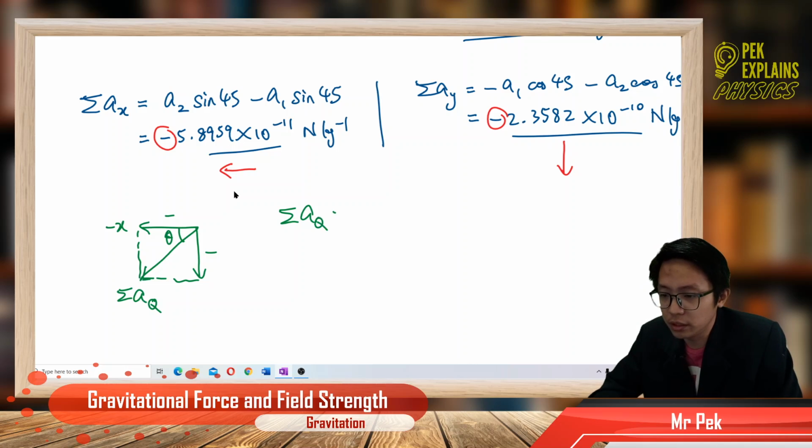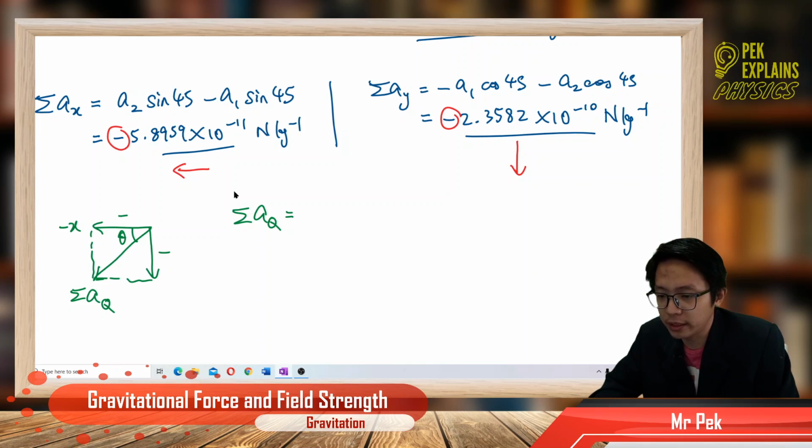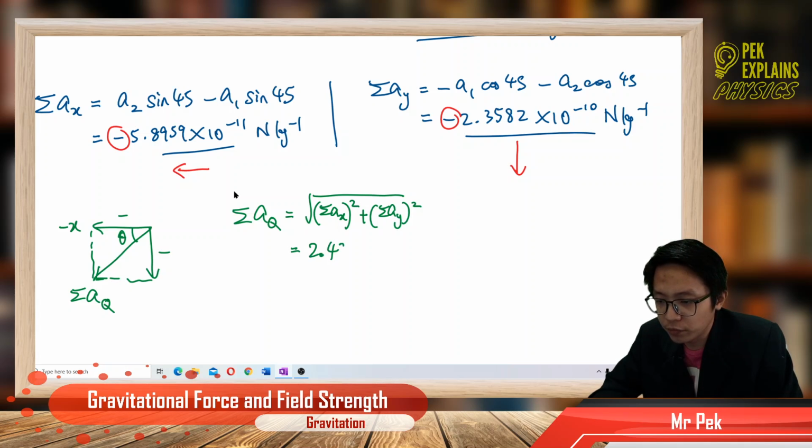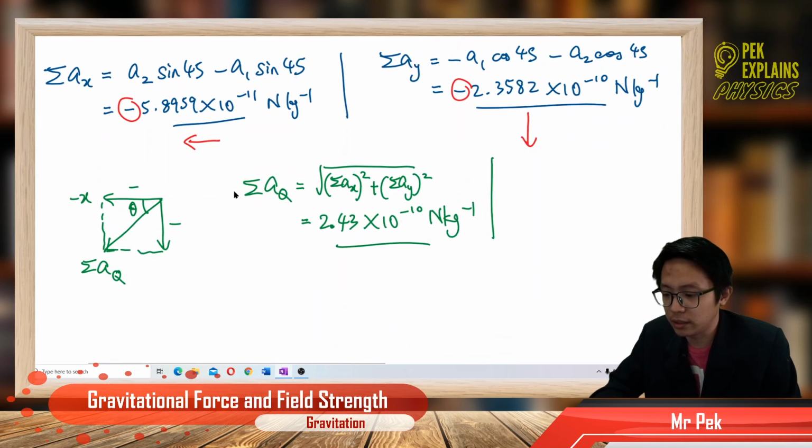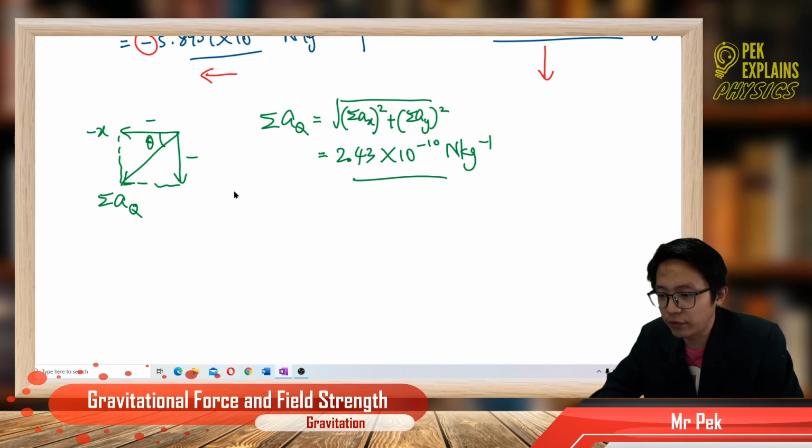Let us find the total AQ. Total AQ is equal to the Pythagoras theorem of Ax and Ay. So just take the total Ax squared plus total Ay squared, and square root, and the answer is 2.43 exponent negative 10 Newton per kilogram. Yeah, that's the magnitude. Now the direction: find tangent theta.